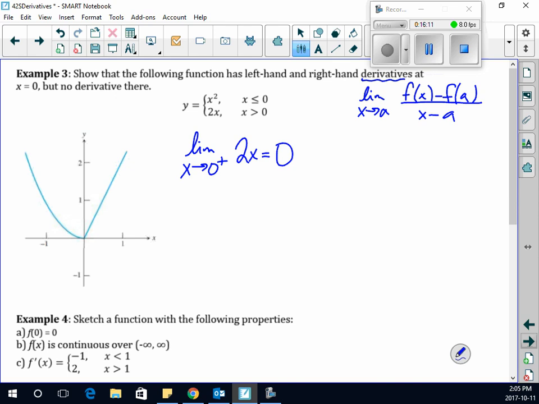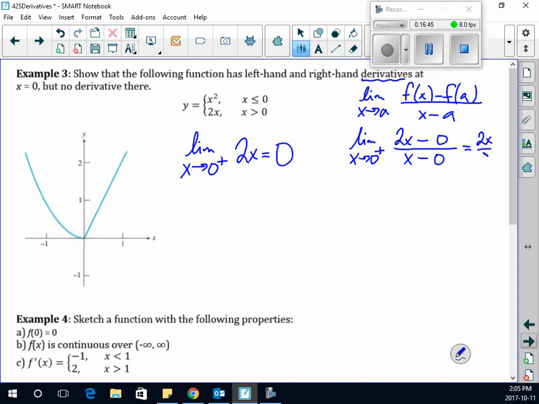So we're going to do the limit as x goes to 0 from the right first. So f of x would be 2x, yes? And f of 0 is 0, so subtract 0 over x minus 0. So what do I get here?